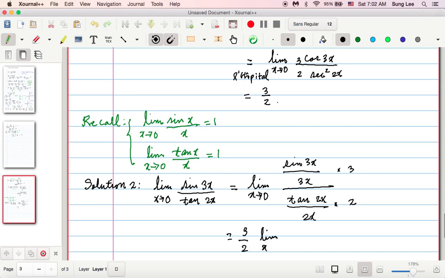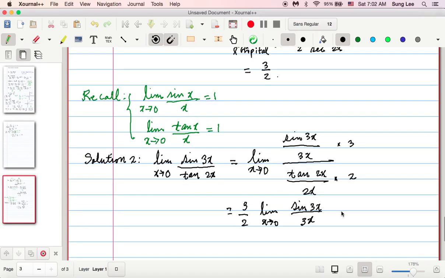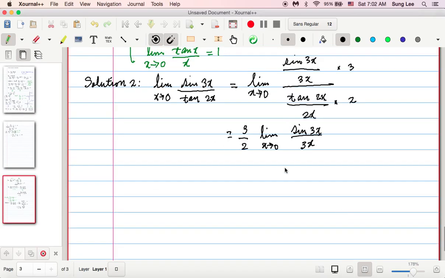the limit as x goes to 0, right, of sine 3x over 3x over tangent 2x over 2x.